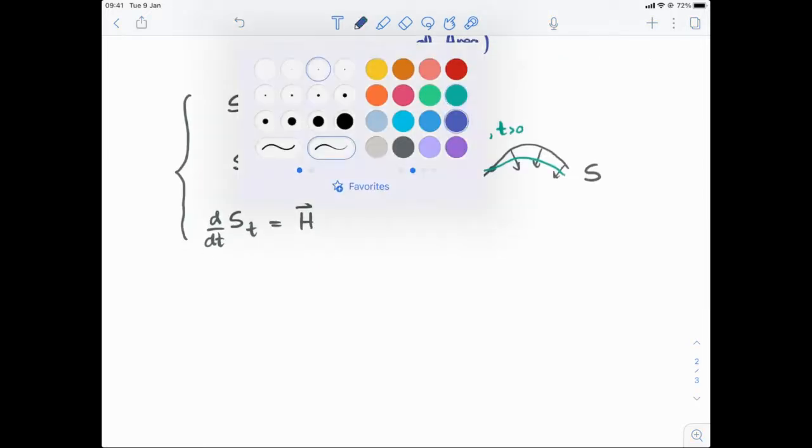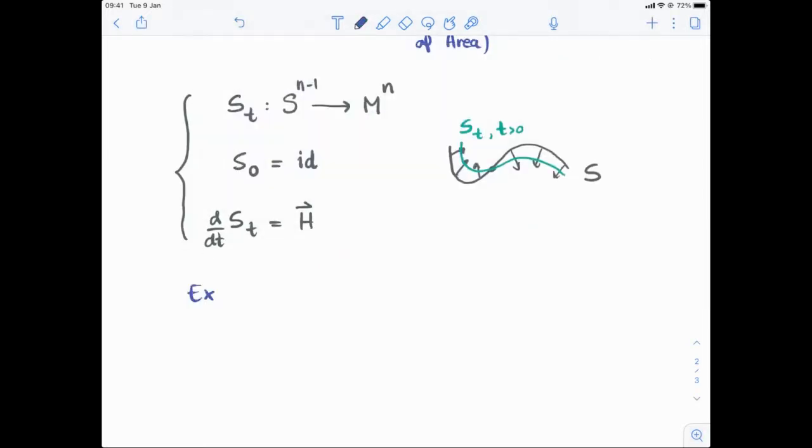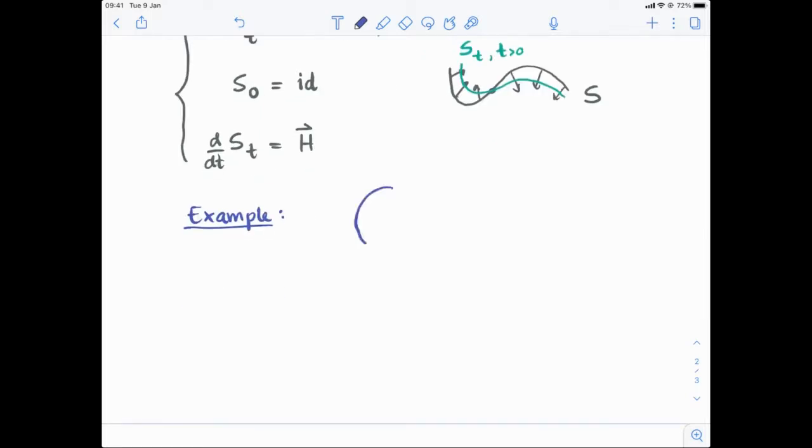So some examples of this mean curvature flow that are perhaps easy to understand start with the sphere. If you have the round sphere S^n in R^(n+1), or S^(n-1) in R^n, then the mean curvature vector is constant, and the sphere actually evolves by shrinking to a point.